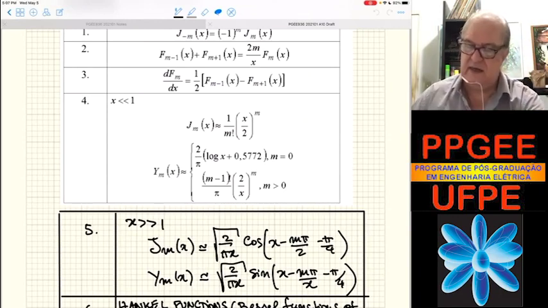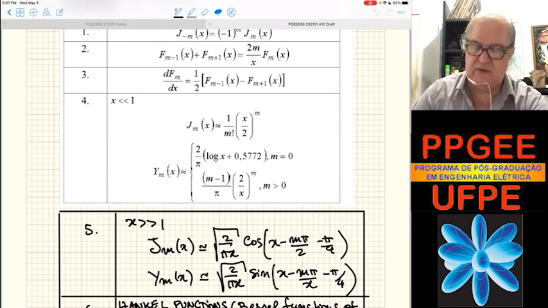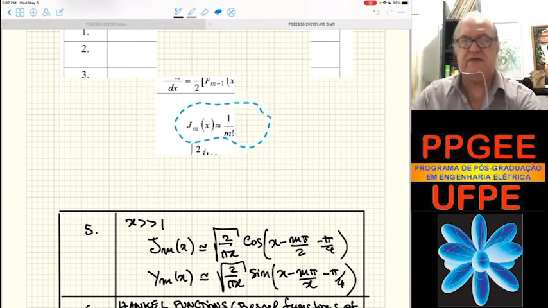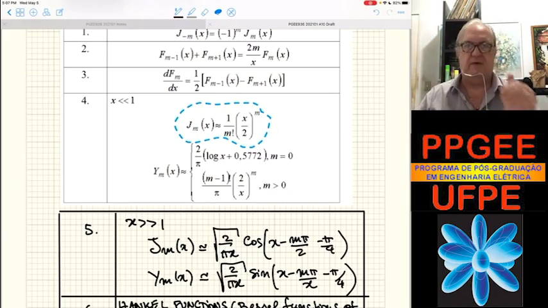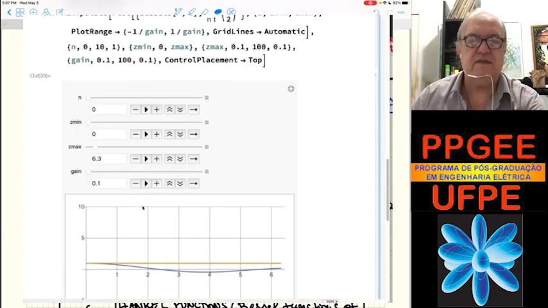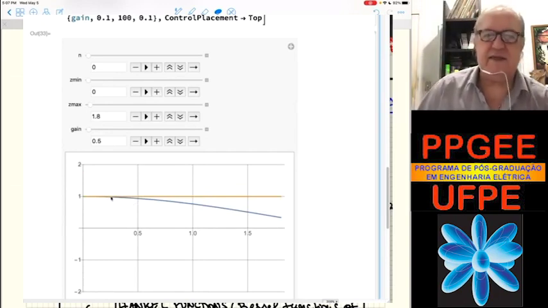If you look here, for small x, n equals 0, the approximation is very rough. It's just a constant value, right? Which is going to be good at very small arguments, in this region here. Let me increase the gain a little bit. It's just J0 equals 1.